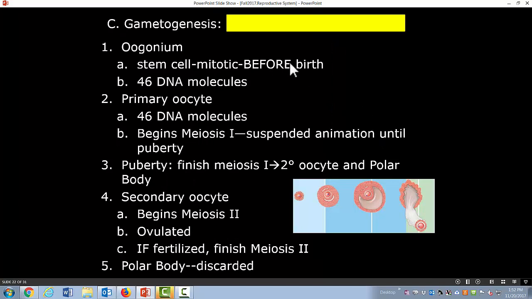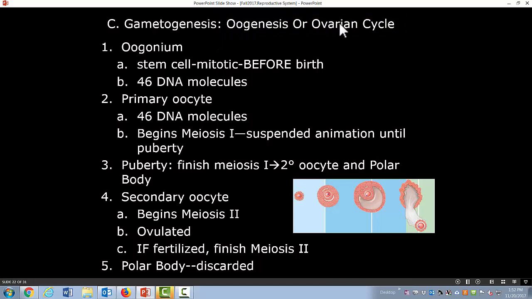Gametogenesis here is the ovarian cycle, otherwise known as oogenesis. Here we're going to talk about how we actually form the egg, and it is ovulated, and it might even be fertilized. It undergoes the same basic steps as the sperm do during spermatogenesis.